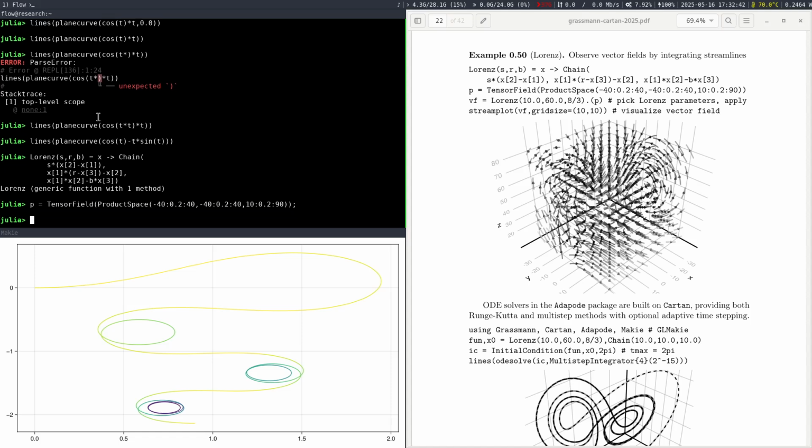Then we're going to define P. And then here we specify the parameters of the Lorenz differential equation.